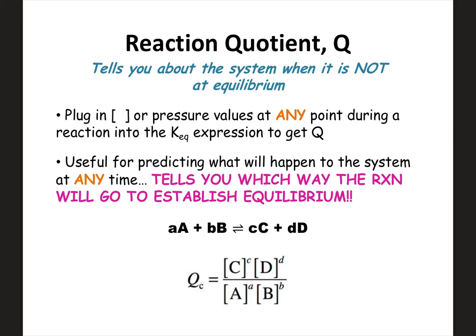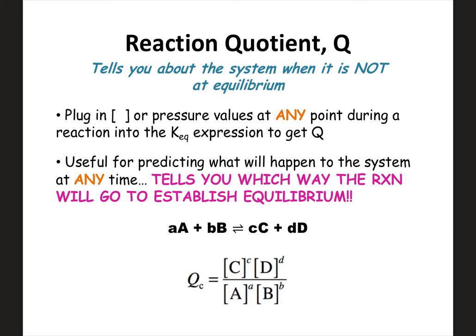It's pretty simple. You just take your concentration or pressure values at any point in a reaction and plug them into your KEQ expression. It's not like you have to learn how to write a new expression. You just take your KEQ expression, plug in the values you have, and solve to get Q.